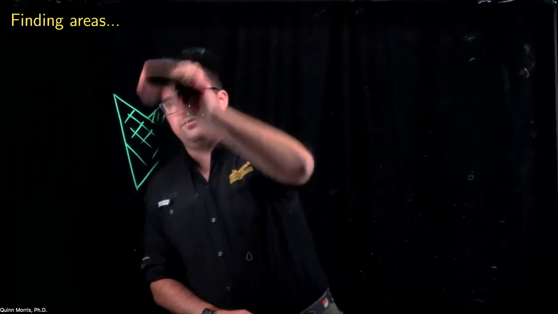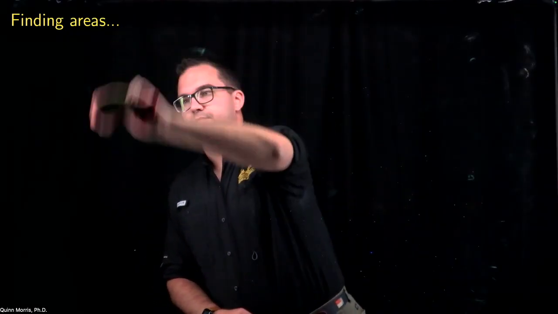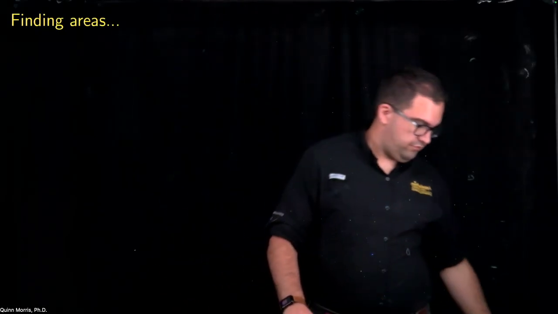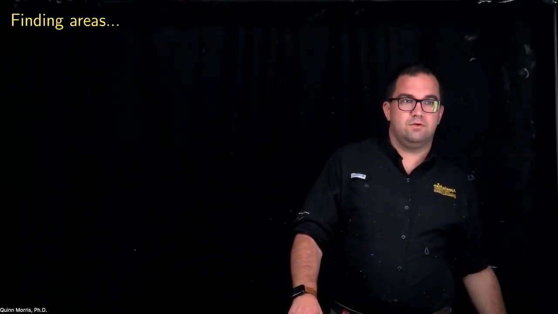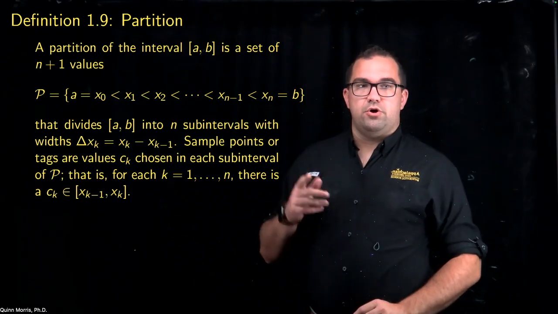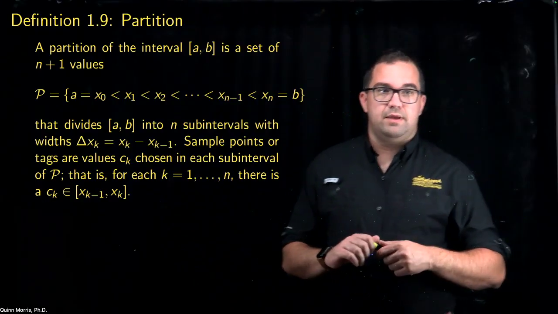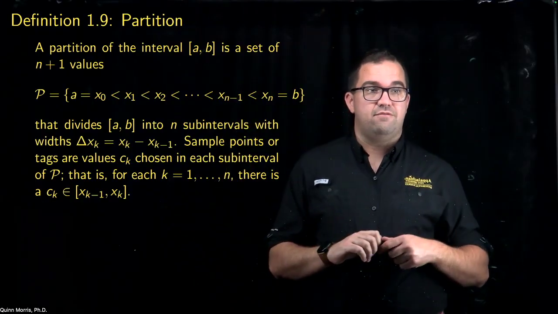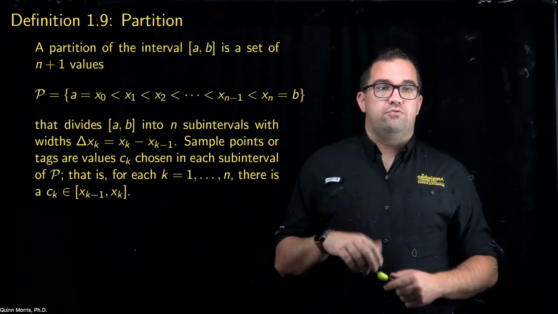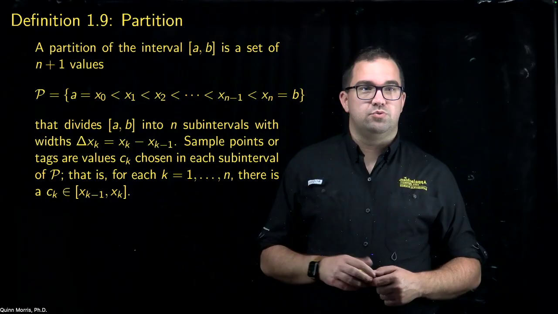So to start with, if we are going to try and build a Riemann sum, we need to define these rectangles. And to define rectangles, you need a base and a height. We're going to start by first defining a partition. The partition is going to be a partition of our interval AB, or of our domain. So formally, a partition of the interval AB is some set of n plus 1 values.